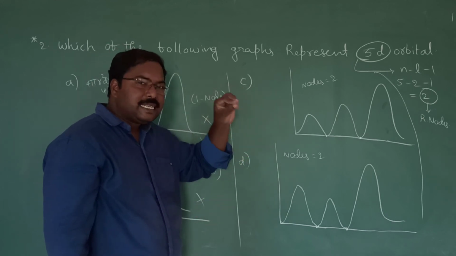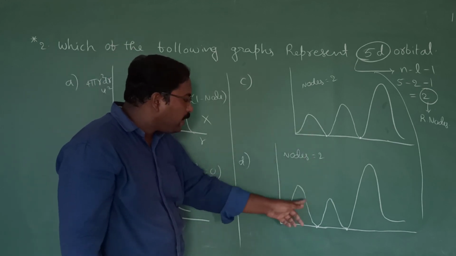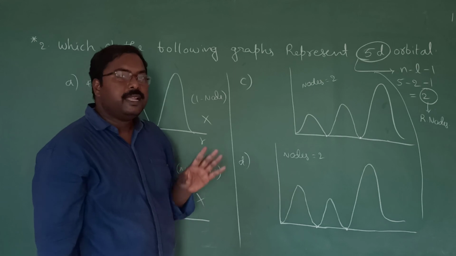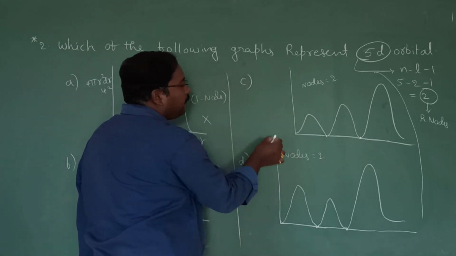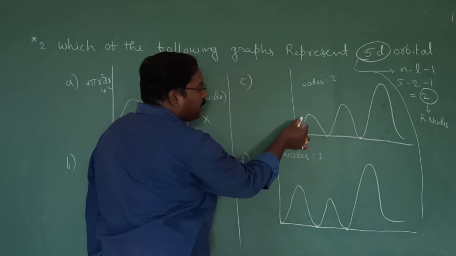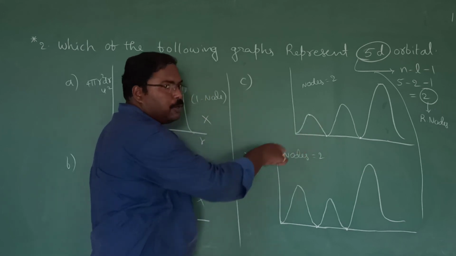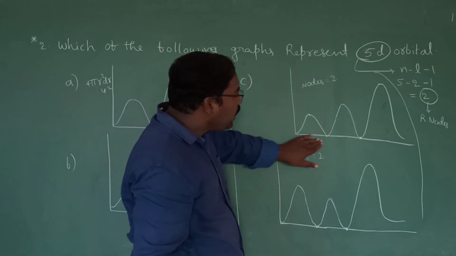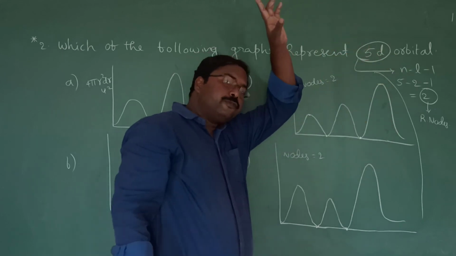Okay. So first let us observe the graph keenly. Then we will come to know the difference between these two. The difference is, in the case of option C, the probability of finding the electron is very less when it is close to the nucleus. It is in which orbit? Fifth orbit.